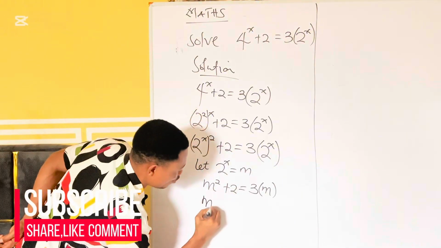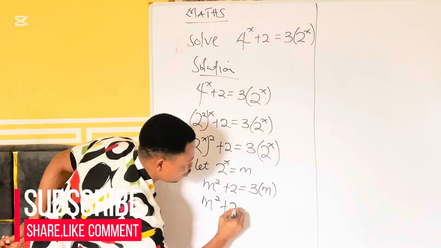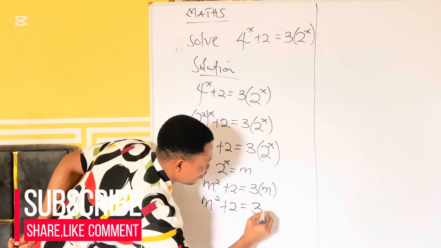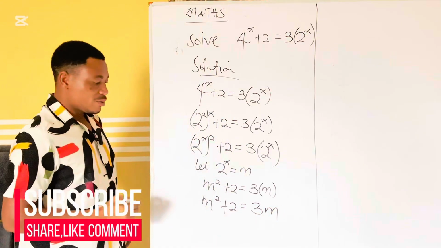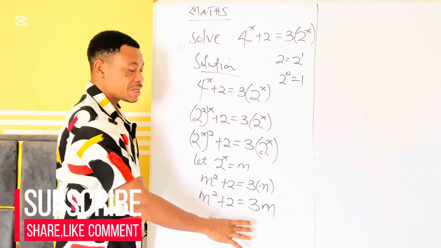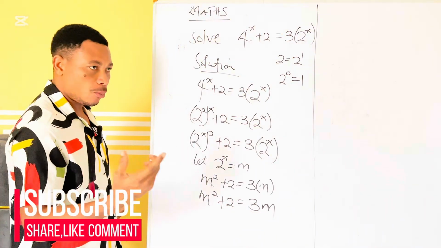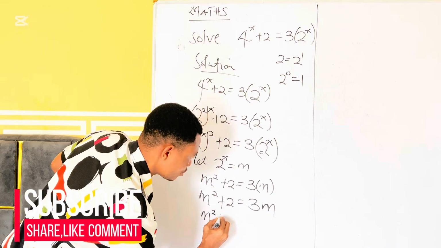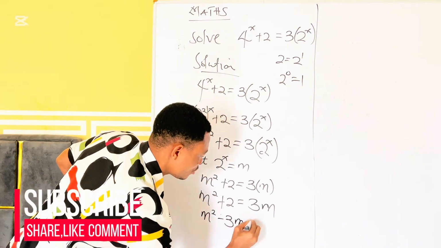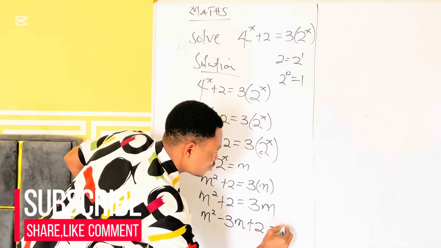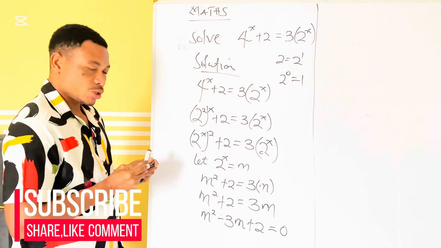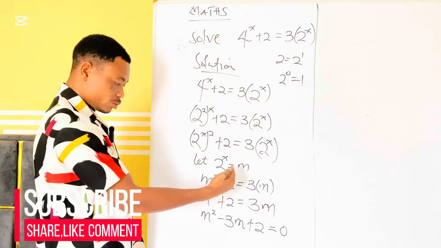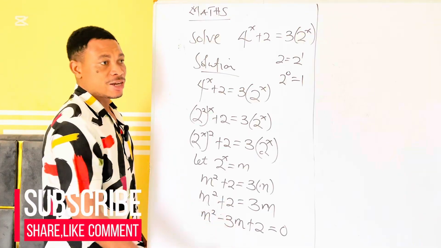Good. Now, let's expand. We have m squared plus 2 equal to 3m. Very simple. What we have here can be written in a quadratic form. So we have m squared minus 3m plus 2 equal to 0. Of course, we know that when this crosses the equal to sign, it becomes negative.